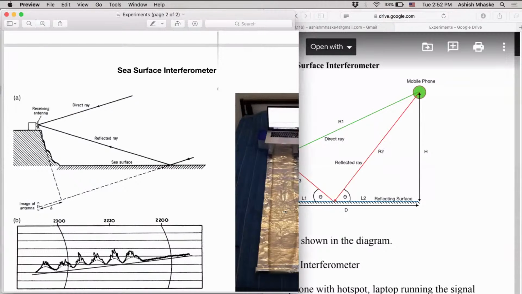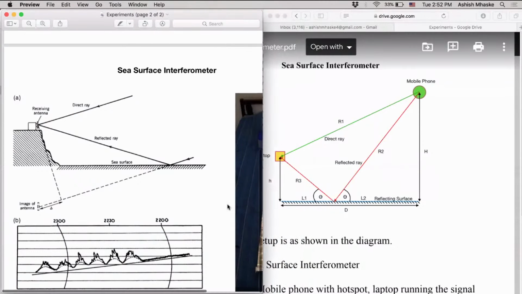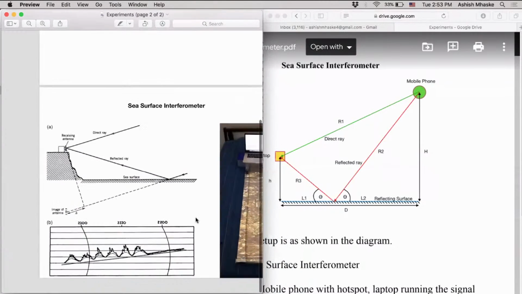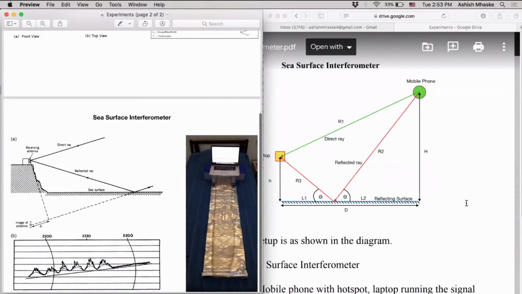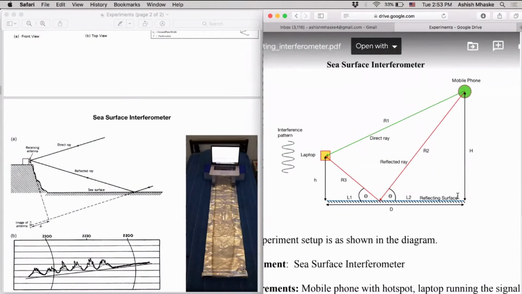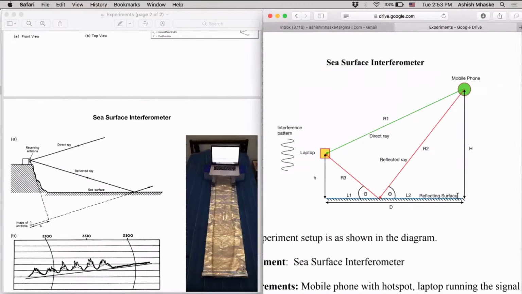If you could go to that, yeah, right. So this will make your life easy in terms of calculation. Imagine that this mobile phone has an image downward here, exactly the same distance h below the surface, and that would give you an easy geometry to work with for finding the path differences, after, of course, accounting for the extra pi phase shift due to the reflection.